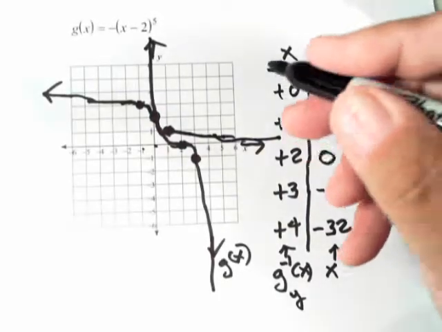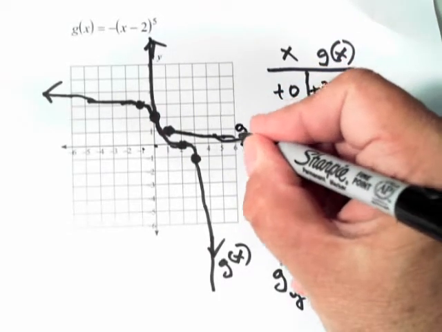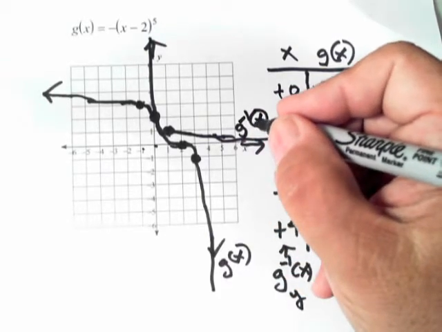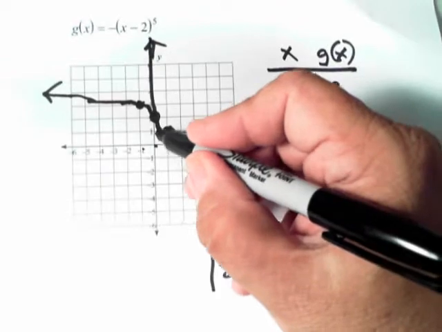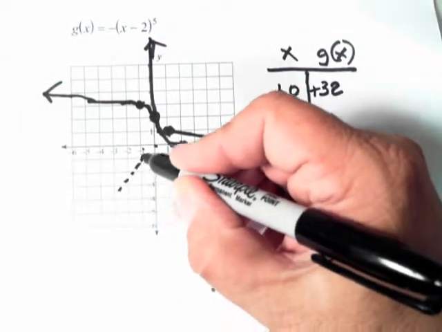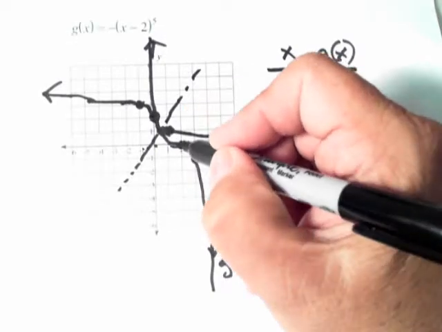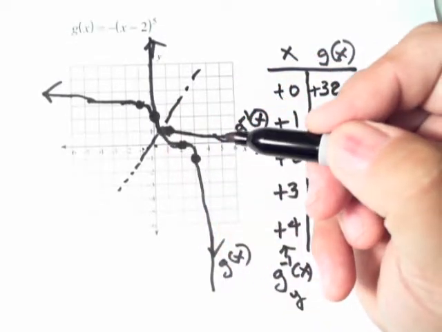Okay, there's our rough sketch of g of -1 of x. Okay, well, once again, these guys are mirror images around this. These two match each other, these two, and so on.